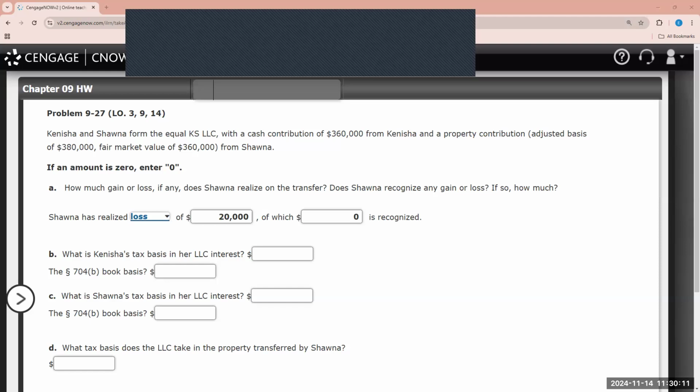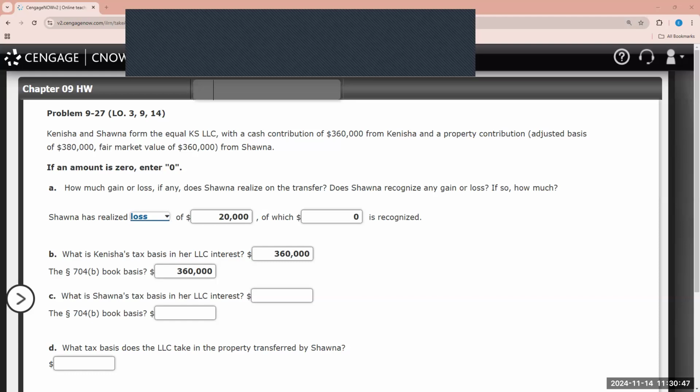B asks, what is Kanisha's tax basis in her LLC interest? Based on this, the 704(b) book basis is going to be the fair market value, so $360,000. Her tax basis in the LLC and her 704(b) book basis are going to be the same, $360,000. C asks, what is Shauna's tax basis in her LLC interest?